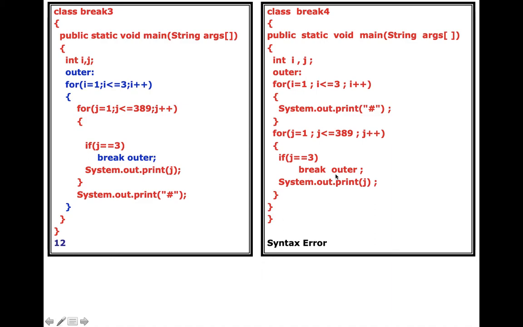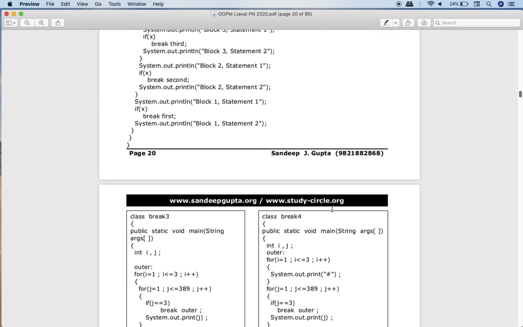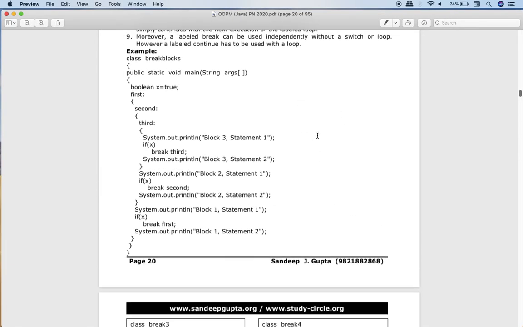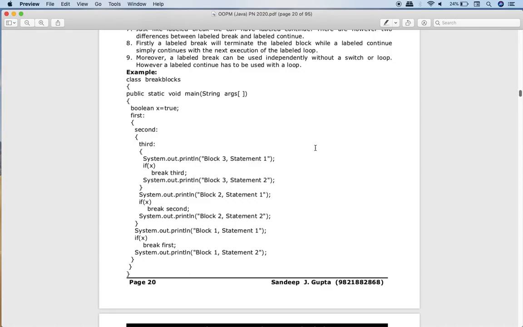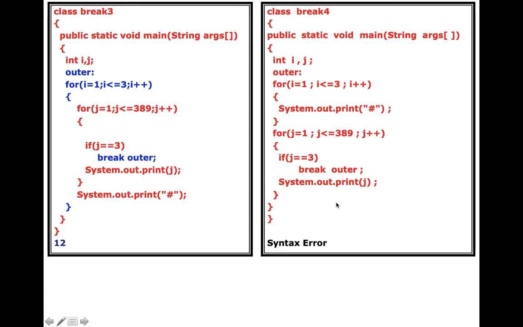Now why do you think you had a syntax error over here? I hope you remember you had written one restriction. Do you remember that? Now what was that restriction? That restriction was that a labeled break must be written inside a block of the same label.